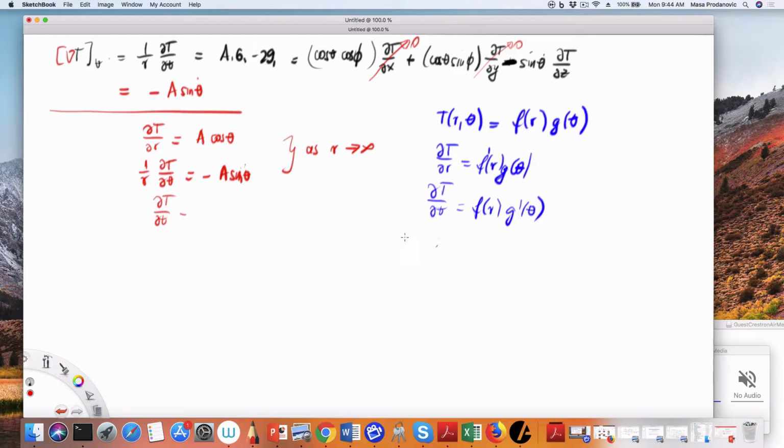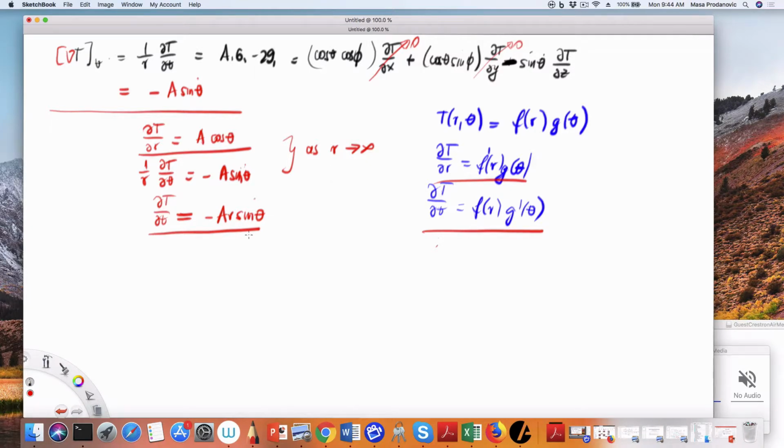Okay, so basically, what is the derivative of cosine? Minus sine. So since this is done as r tends to infinity, I'm not going to assume a function of r, right? Because r is changing. But my theta in this boundary condition is not changing.